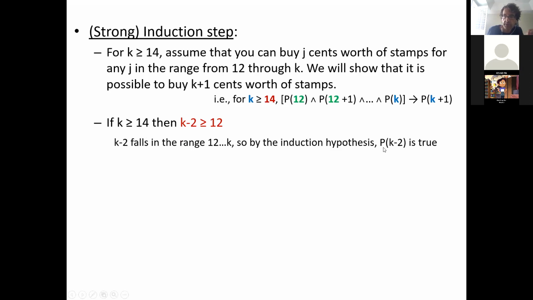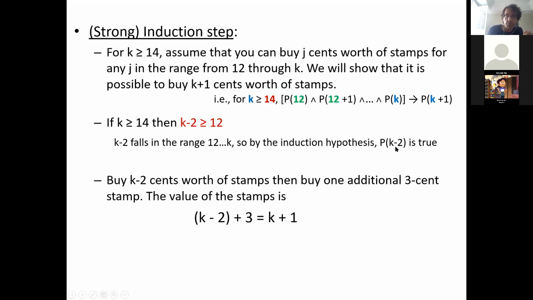Therefore, the hypothesis that j can be expressed as a bunch of 3s and 7s holds for j equal to k minus 2. But if k minus 2 is a bunch of 3s and 7s, if I add 3 to it, I will get what I need, which is k plus 1.